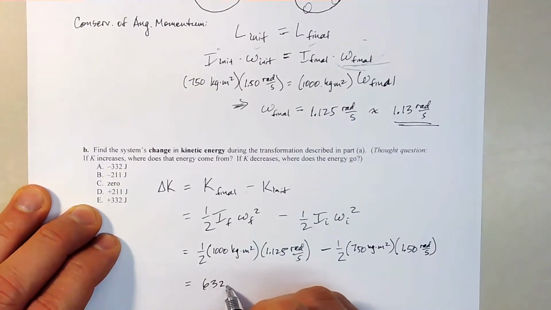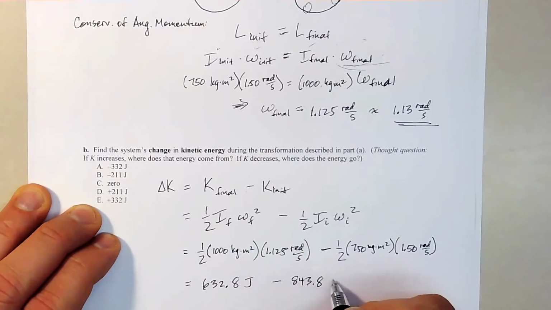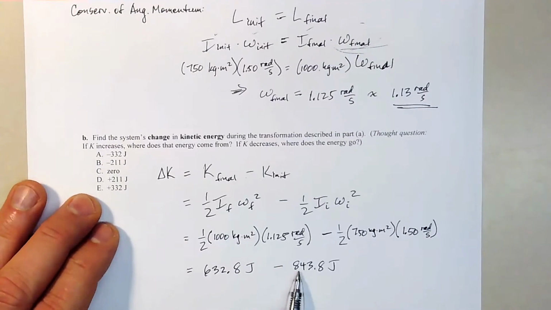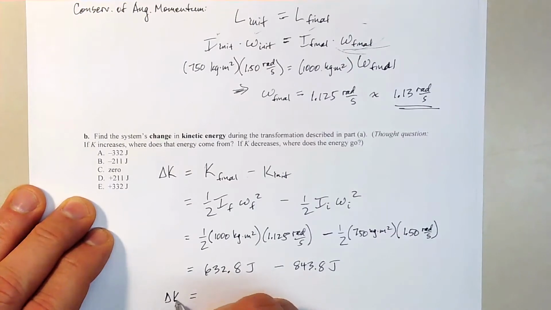I ask my calculator what these quantities are, and I get 633 joules and 844 joules. And then I take the difference, and that's equal to negative about 211 joules. Okay.